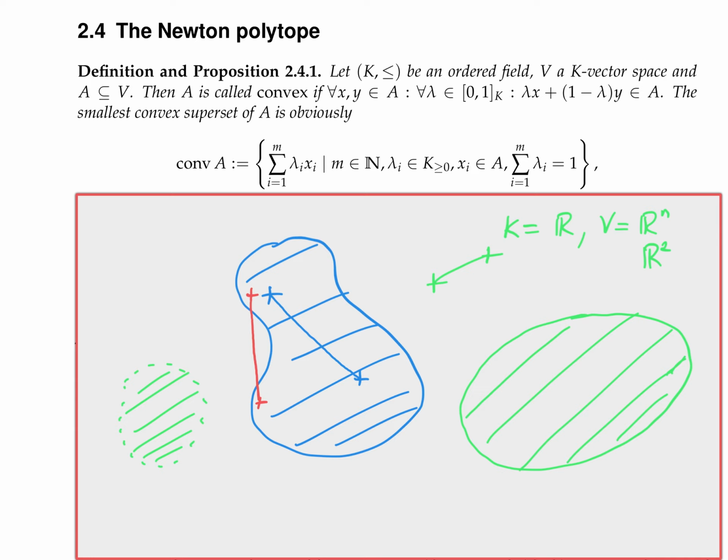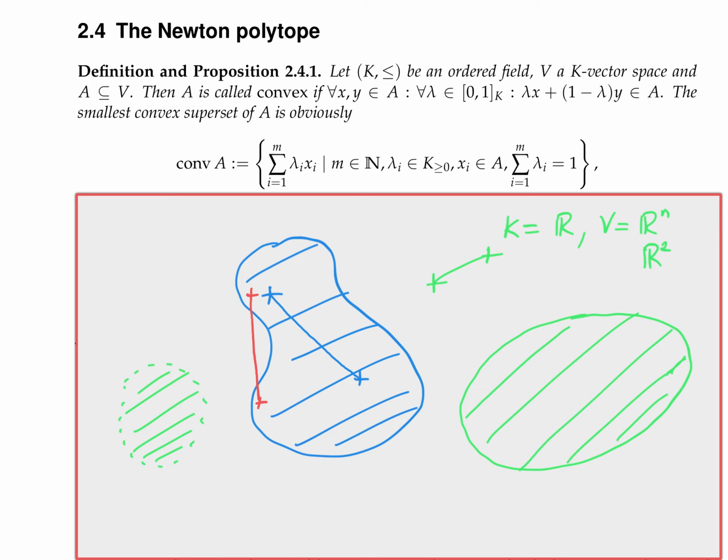Here we do it, of course, in order to believe with intuition, you should think about why the points on this line segment joining the 2 points x and y are exactly those which can be written as lambda x plus 1 minus lambda y with lambda in [0, 1], right?